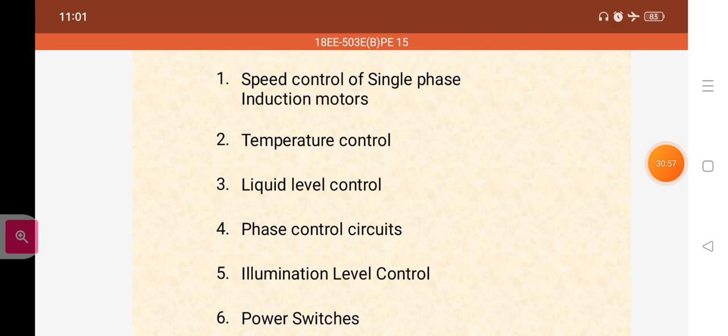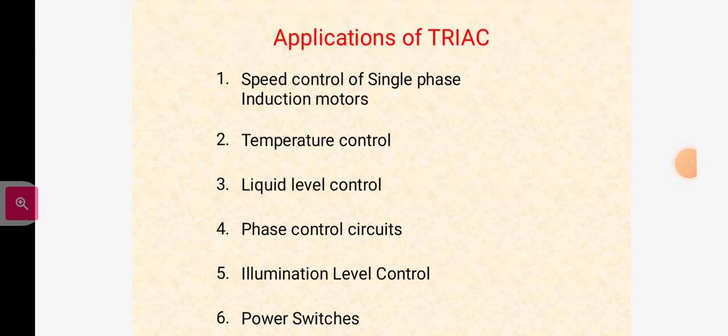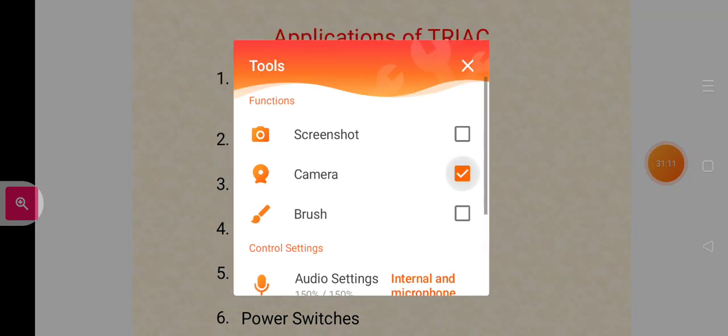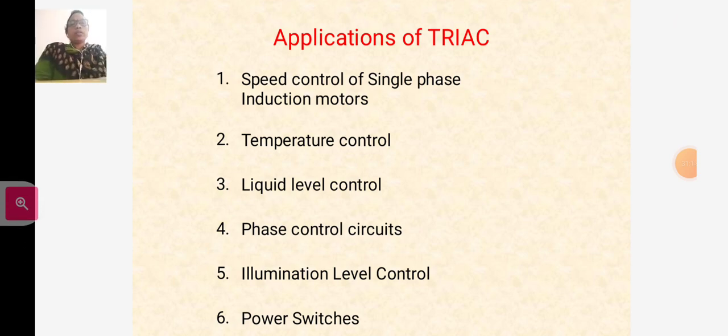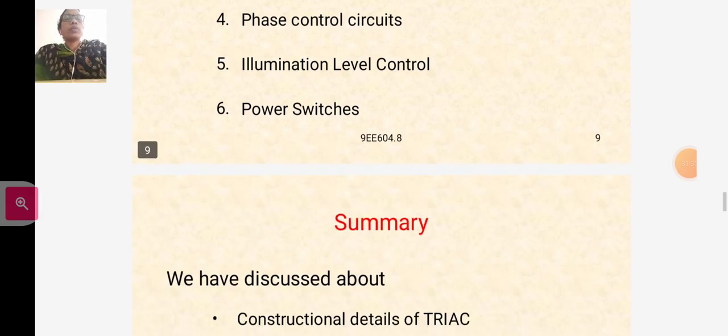So we watched the YouTube video, the same discussion of the triac. Here, in the discussion of the triac, there are some differences from the diac. The triac is the same as an SCR, but two SCRs are connected anti-parallel. That's why the triac works in the forward direction as well as the reverse direction.